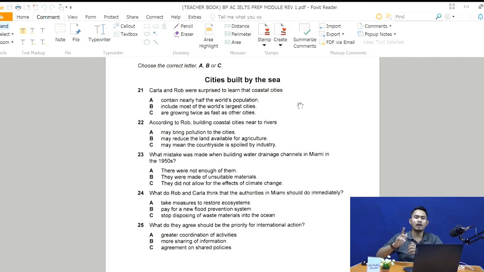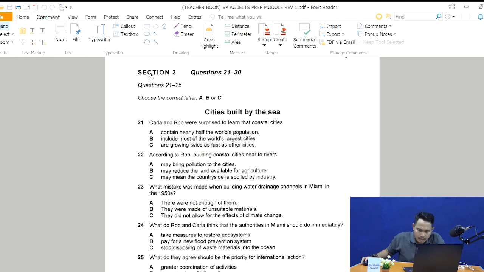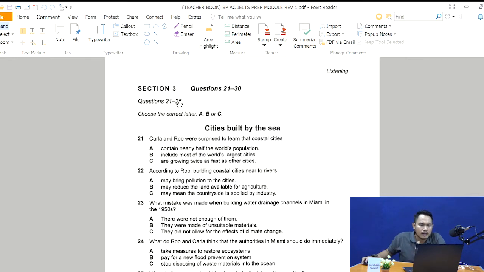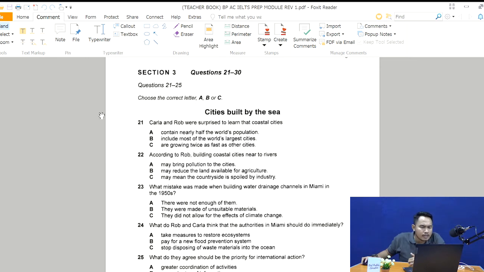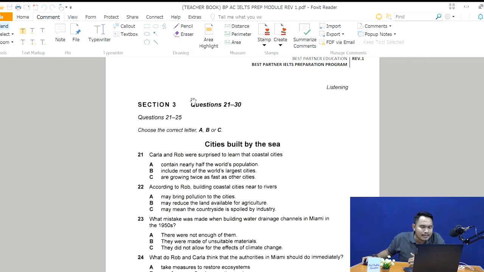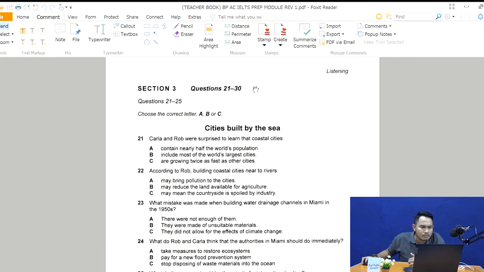Now, first thing first, guys, before we start digging into this type of question, particularly in section 3. As you can see here on the screen, this is section 3, and it is from the same source, from Cambridge IELTS 14.